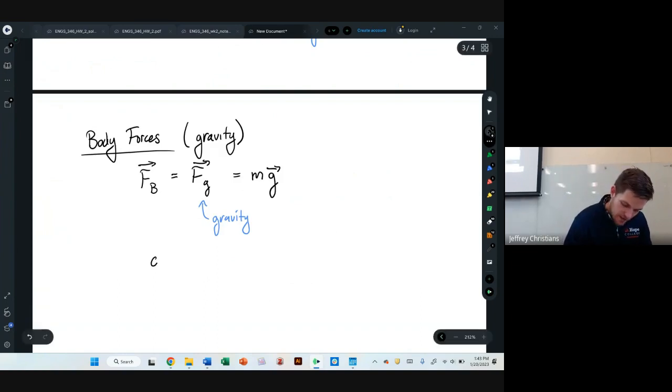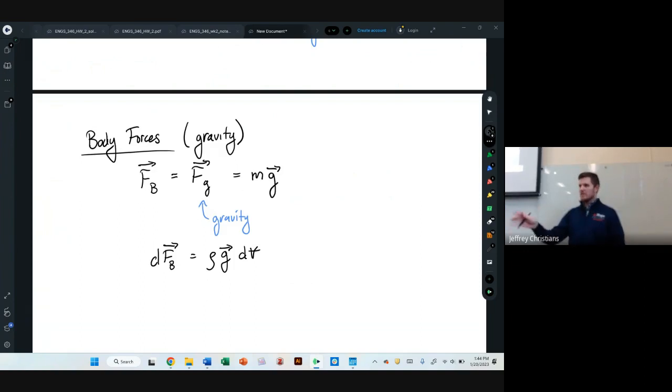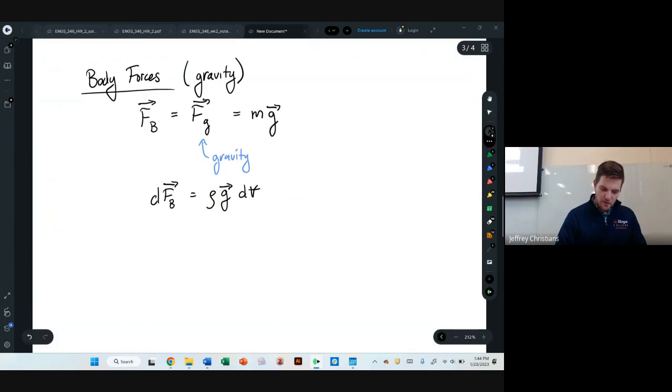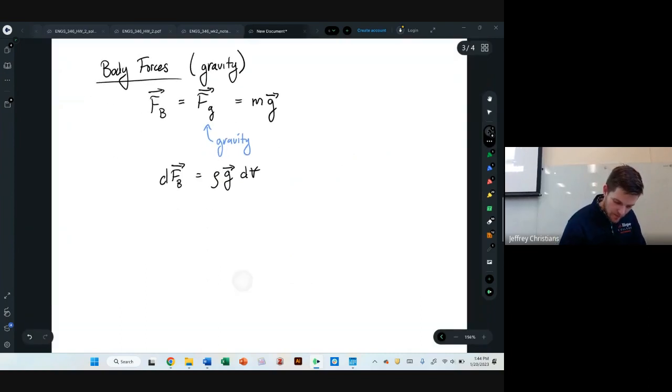So we could write this as the body forces on a really small chunk are just density times gravity times volume, where density times volume is the mass of our really small chunk. All right, so we're going to smash these together into a picture of the total force.